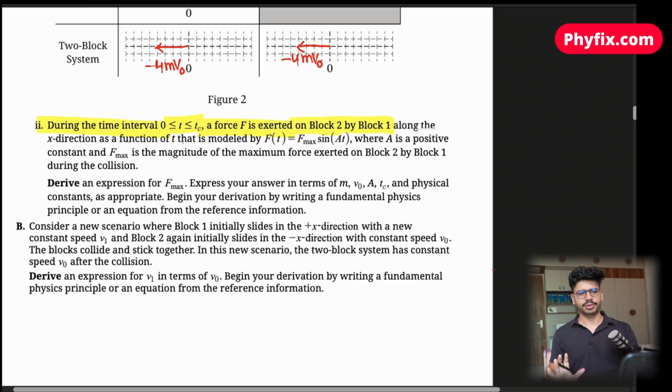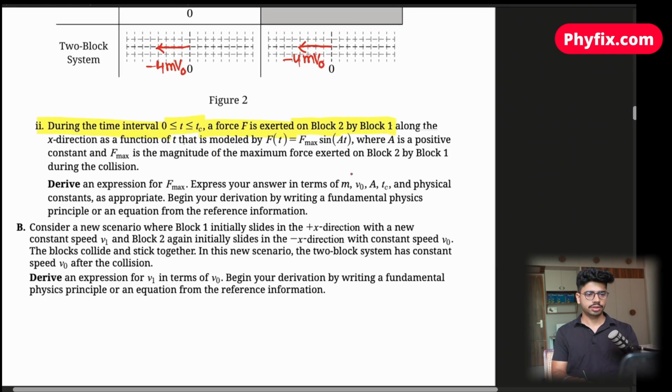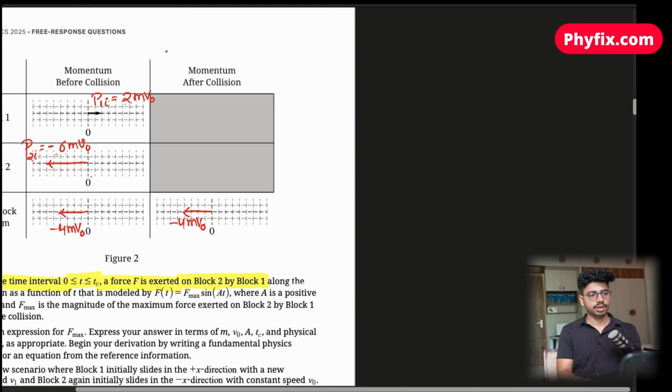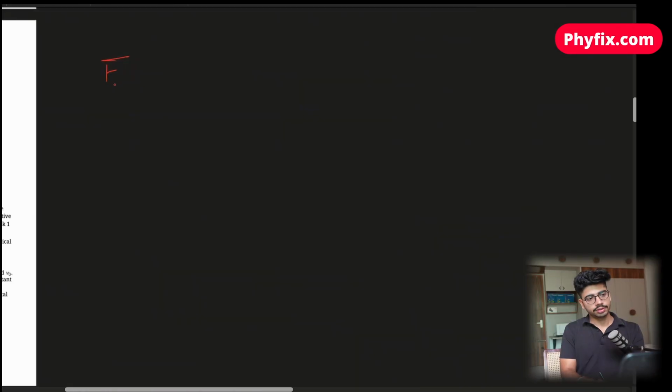We know the momentum, correct? So how are the force and the momentum related to each other? There is Newton's second law. Newton's second law says the net force on the system is mass times acceleration. Acceleration is final velocity minus initial velocity divided by time.